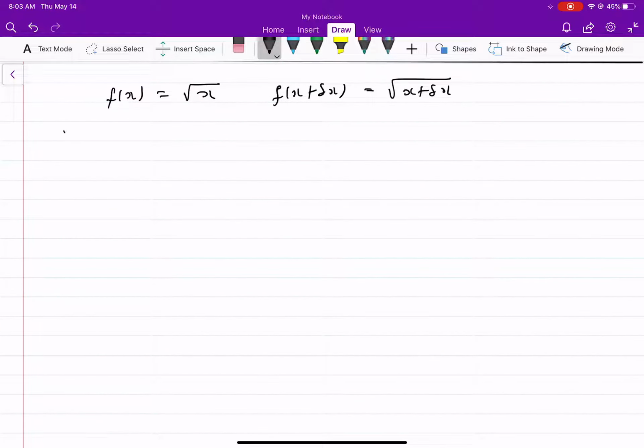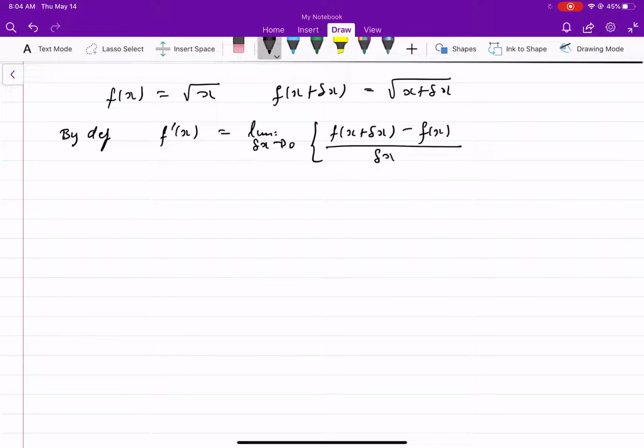Okay, by definition, we should always use this expression: f prime of x is equal to the limit as delta x approaches 0 of f of x plus delta x minus f of x all divided by delta x.